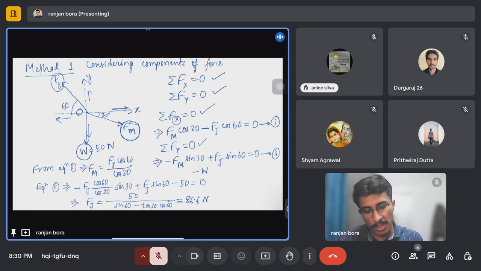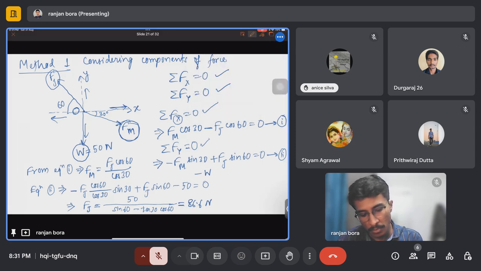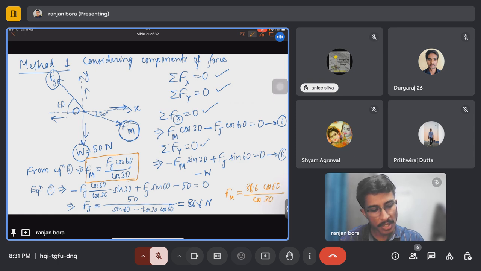Now using this equation, Fm equal to Fj cos 60 by cos 30, we can find out Fm. Fm will be 86.6 cos 60 divided by cos 30.